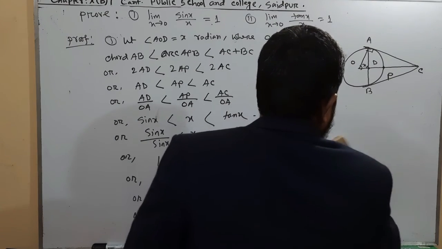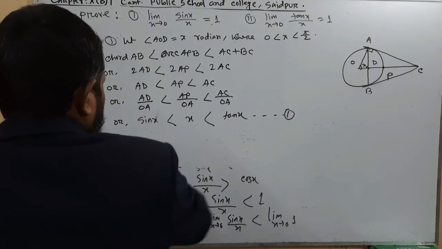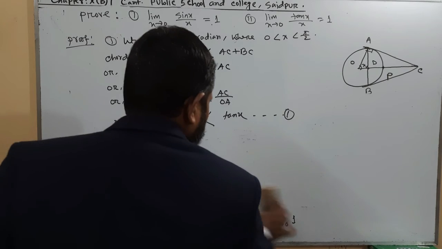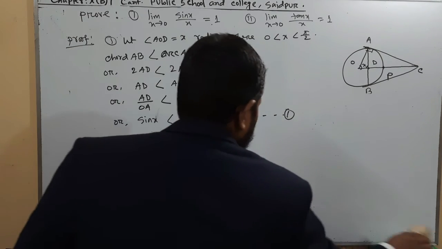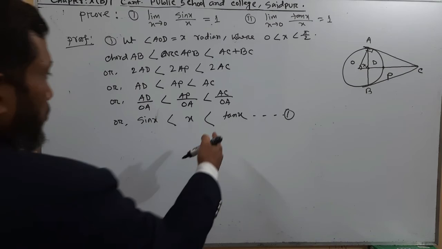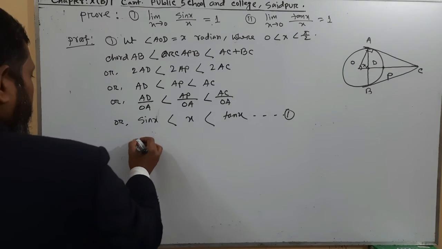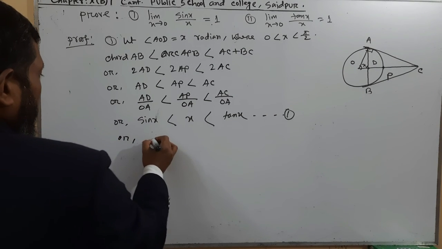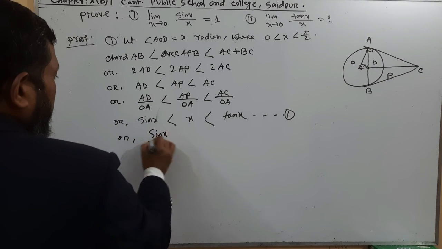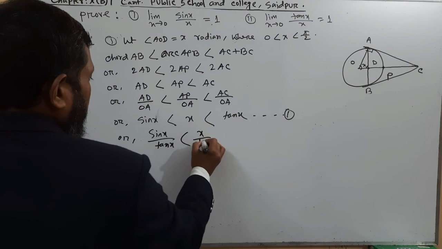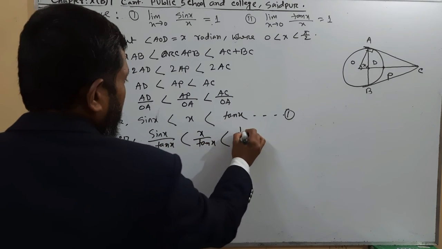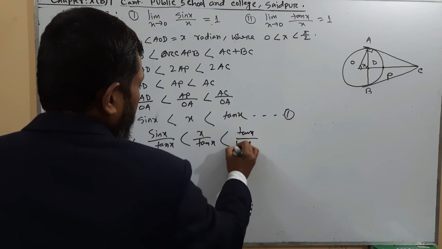Now I'll prove 2. I am cleaning up to this here. Dividing both sides by tan x, then we get sin x by tan x, x by tan x, and tan x by tan x.